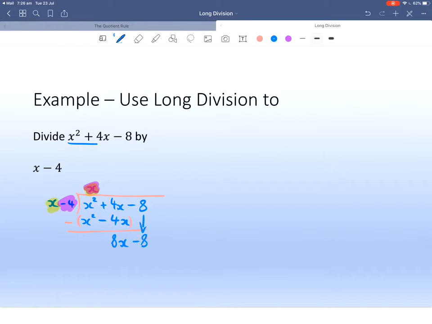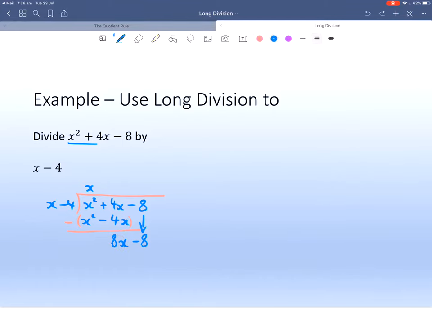Now we do it again. And I've got a lot of things highlighted, so I might just clear the decks a bit here. Let's go back. So that was x minus 4, and at the top it was x, all right? Now, think, what is 8x divided by x? Well, that's just 8, okay?